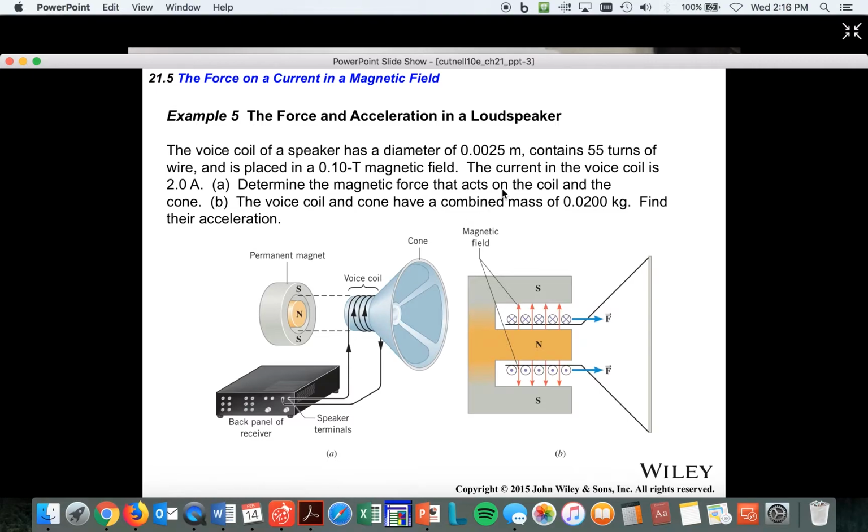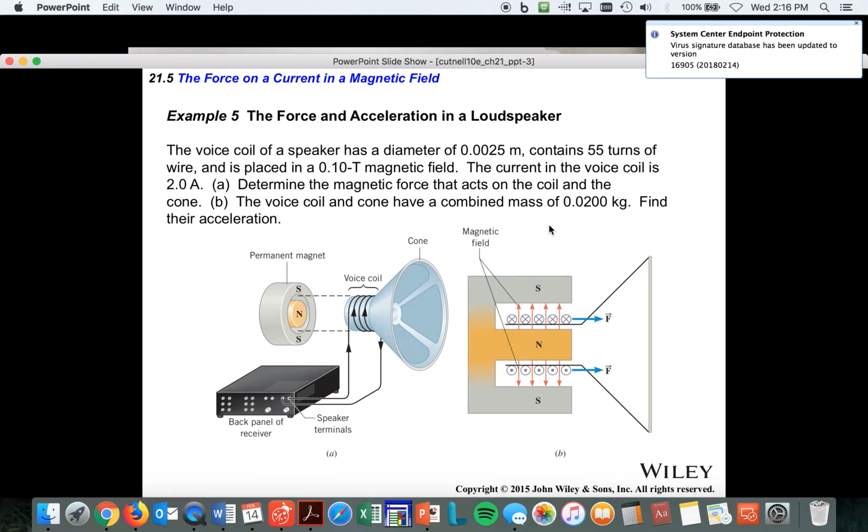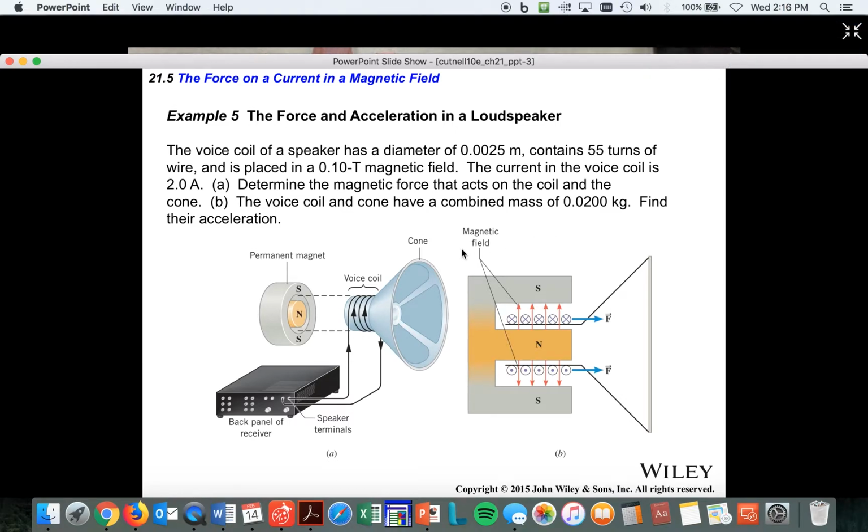It's 50 turns. So it's got this diameter. We've got to find out its length. That's the tricky part of this. 50 turns with this much diameter. Okay. Determine, and the voice coil and cone have a combined mass of 0.2. Find their acceleration. Okay, so once we find the force, we divide by the mass. But the tricky part of this problem, they think they're so slick.